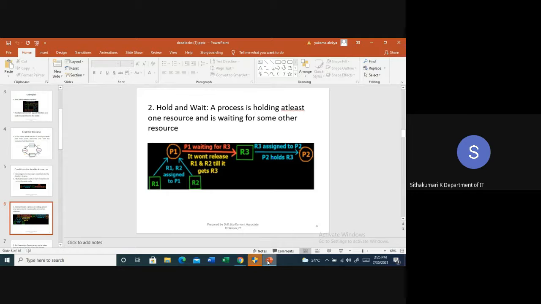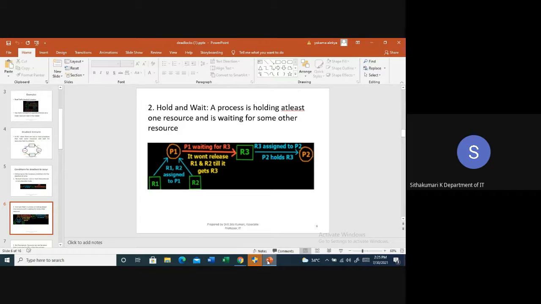So here, deadlock can occur because of these resources. If the process wants any resource, and if that resource is held up with some other waiting process, there is a possibility of deadlock to take place. So here the second condition for the deadlocks is, here P1 is waiting for the resource R3, and while it is waiting, it is holding the resources R1 and R2.